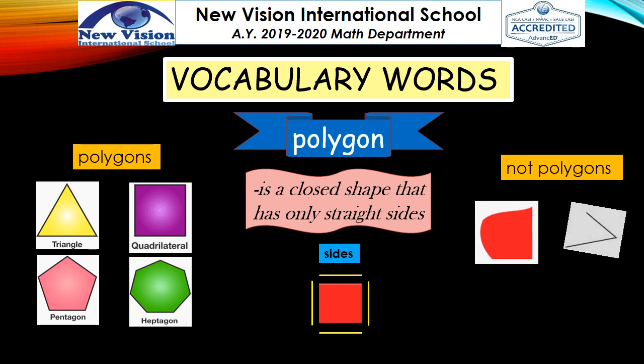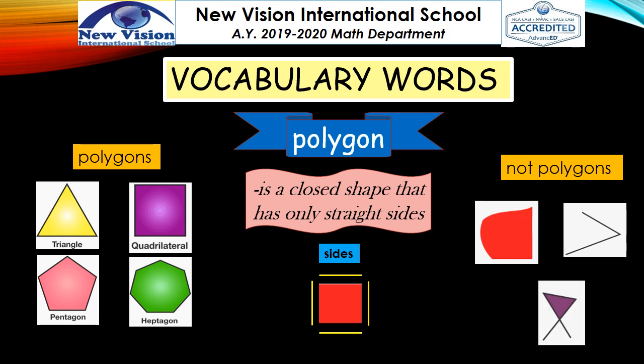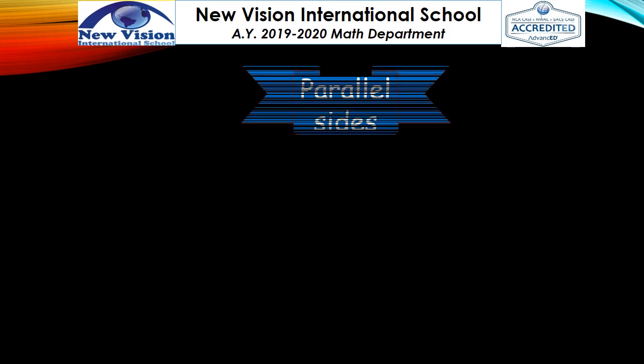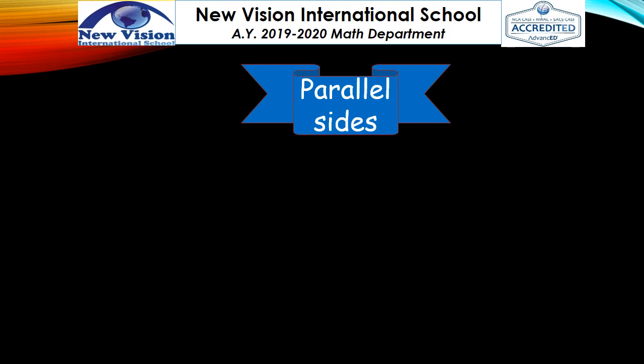Okay, this, and this. Okay, so these are the non-polygons. Is it clear to you? Very good. Once again, a polygon is a closed shape that has only straight sides. Very good.